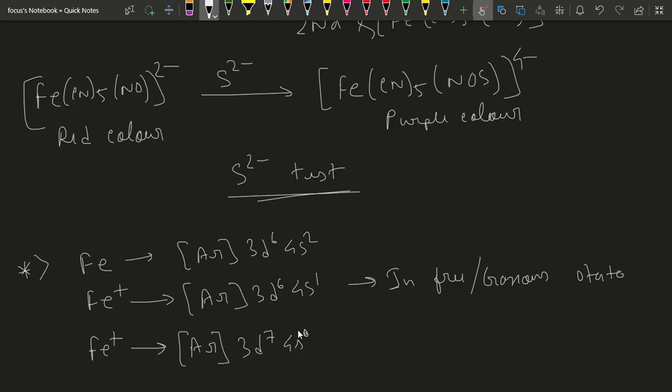The orbitals having lower energy will be filled first, then it will go to the higher energy level orbitals. So when Fe+ is present in complex form, that is in a coordination complex, the electronic configuration of Fe+ will be like this, and it is different from the free gaseous state electronic configuration of Fe+. The reason is due to d orbital splitting.